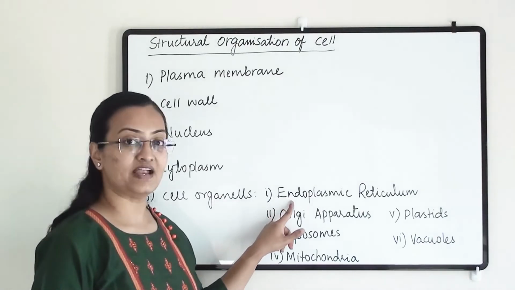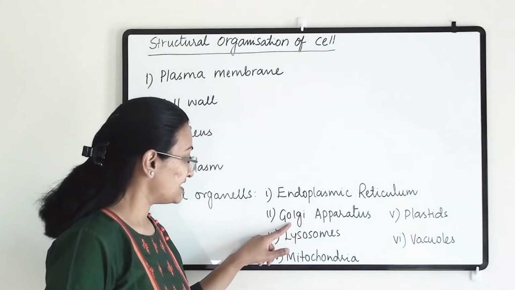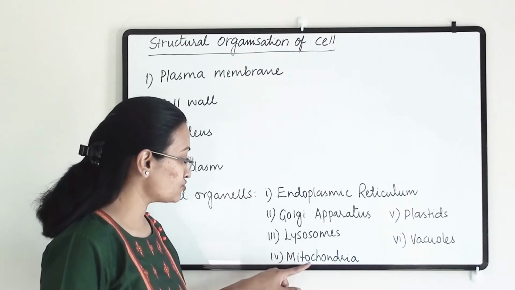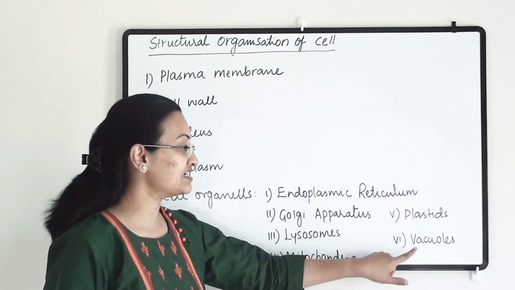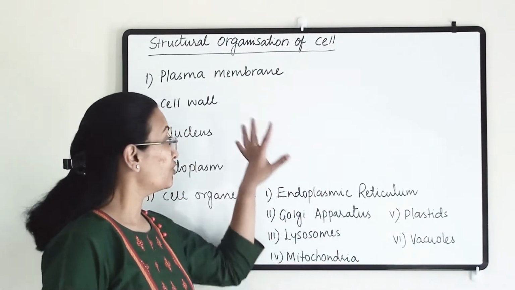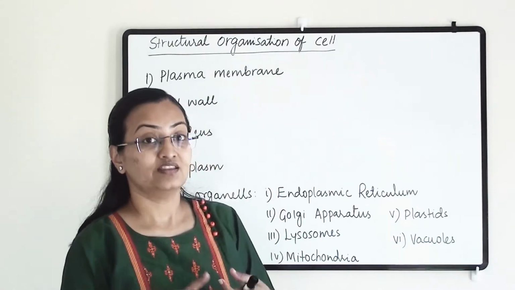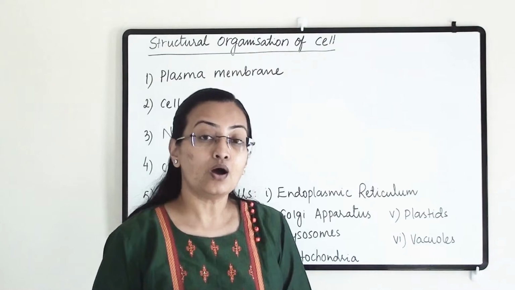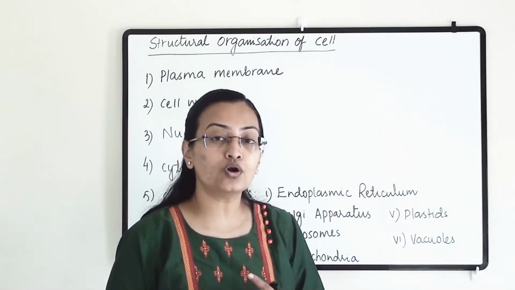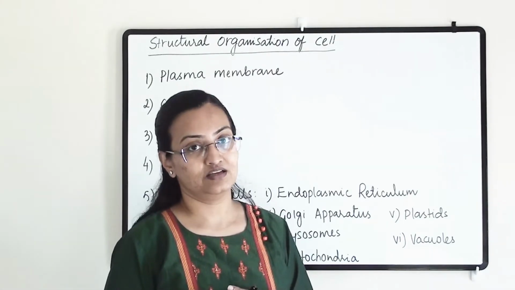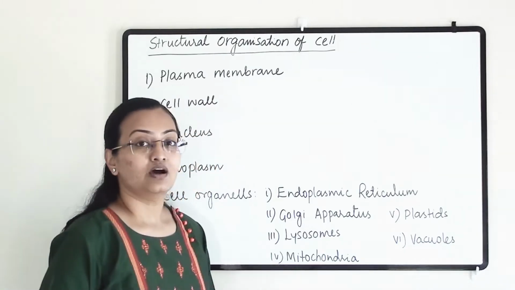First is endoplasmic reticulum, then Golgi apparatus, lysosomes, mitochondria, plastids and vacuoles. For each of these, we are going to discuss their structure, their function, how they are important and what all things they are doing for the cell. So let us start with the plasma membrane.